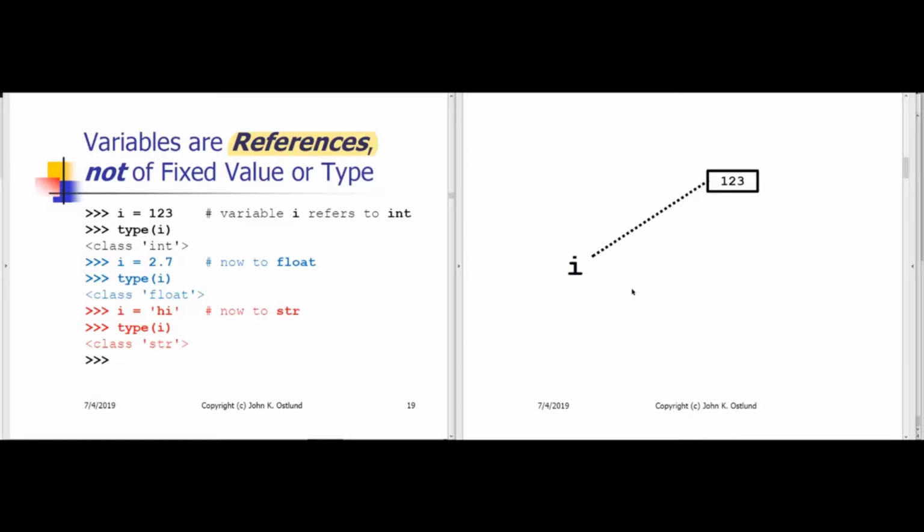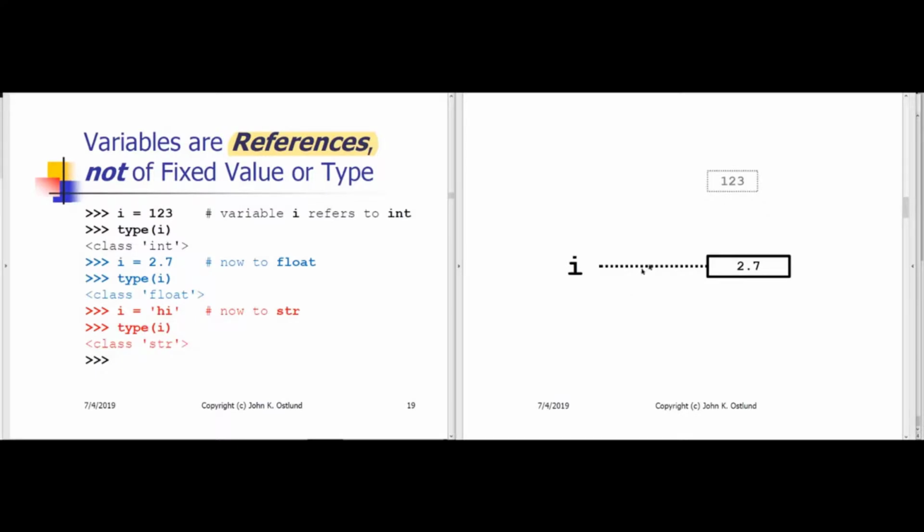When I then say I gets 2.7, that causes a value 2.7 to be stored in memory, and the name I is changed so that it refers to 2.7 now.